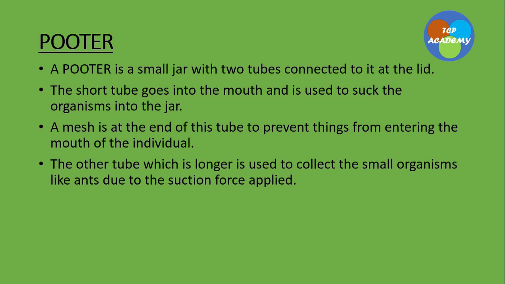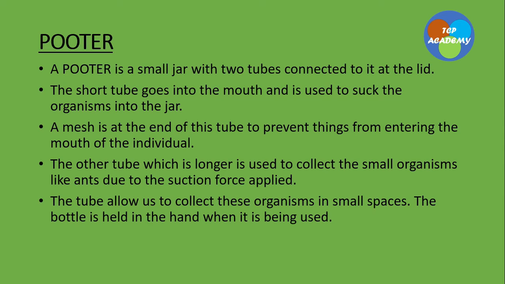The other tube, which is longer, is used to collect small organisms like ants due to the suction force applied. To do so, the tube is usually placed over, in front, or somewhere pretty close to the organism so that the suction force can pull the organism in. The tube allows us to collect these organisms in very small spaces.